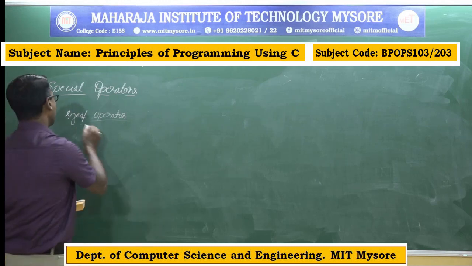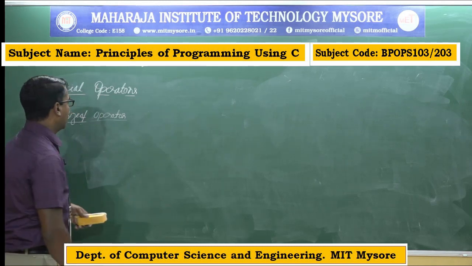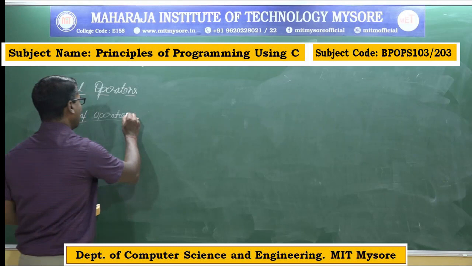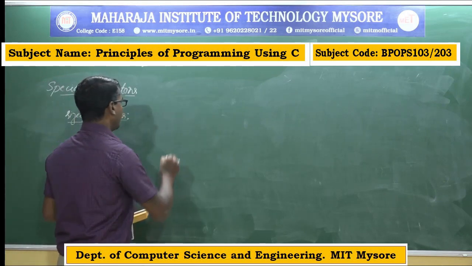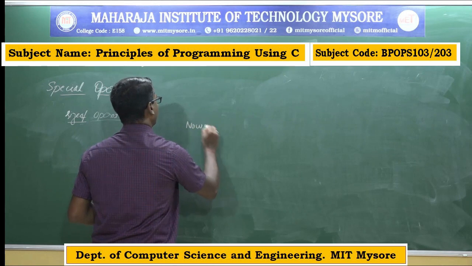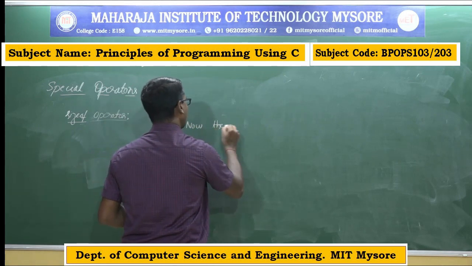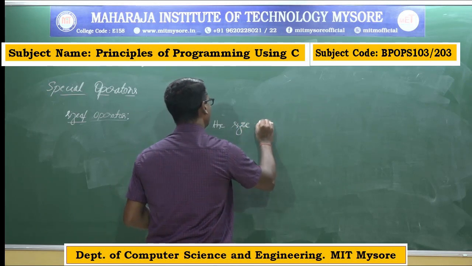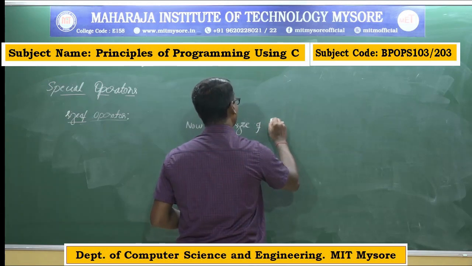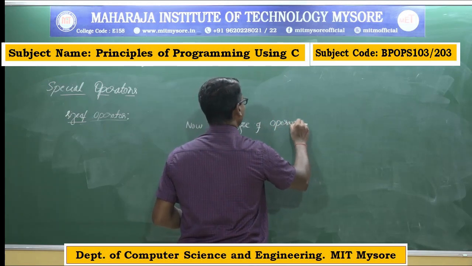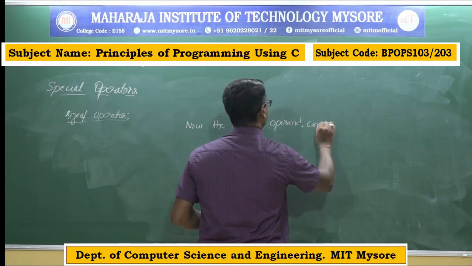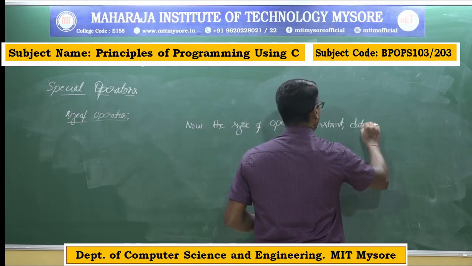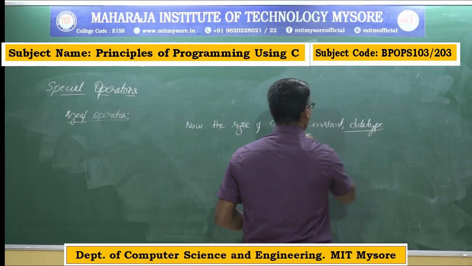The next operator is the sizeof operator. The sizeof operator is also a unary operator. This operator is mainly used to know the size of an operand, constant, or data type.